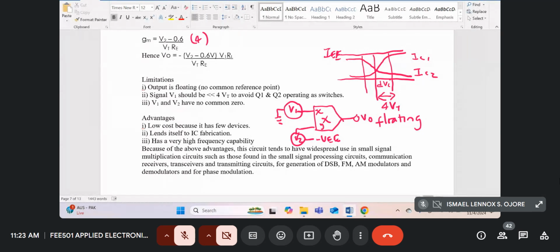And finally, I've concluded that because of the above advantages, this circuit tends to have widespread use or applications in small signal multiplication circuits, as those found in small signal processing circuits.